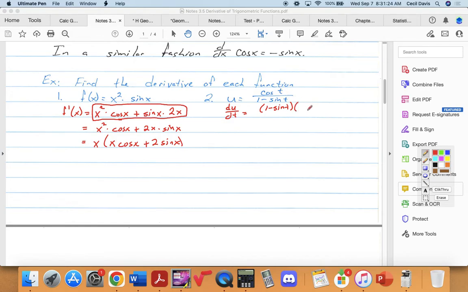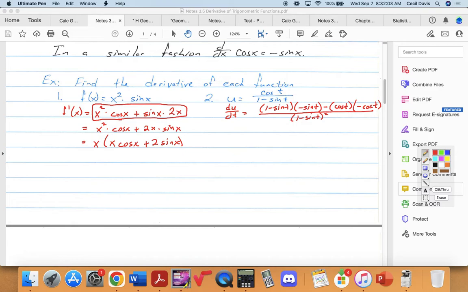The derivative of cosine is negative sine of t, minus the numerator, cosine of t, times the derivative of the denominator. Well, the derivative of the sine of t will be cosine, so I'll have negative cosine of t, all over 1 minus sine of t, quantity squared.